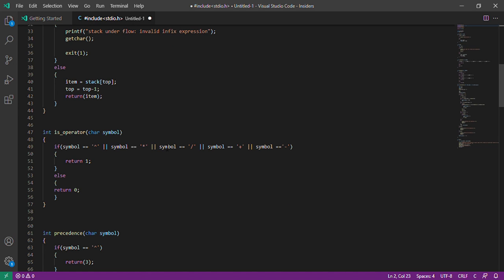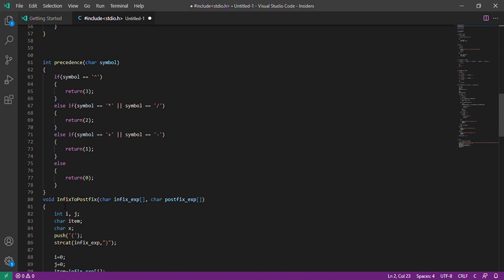Then next, this function is used to assign precedence to the operator. Here the caret denotes the exponent operator, and in this function we assume that a higher integer value means higher precedence.